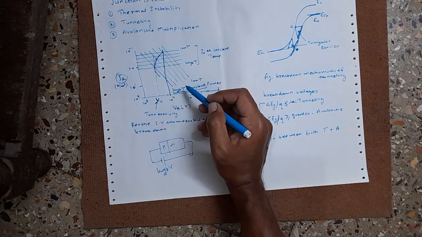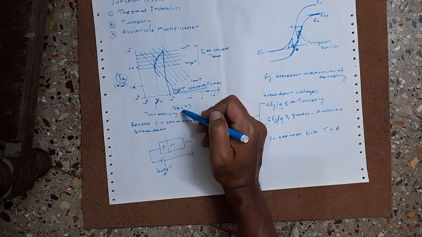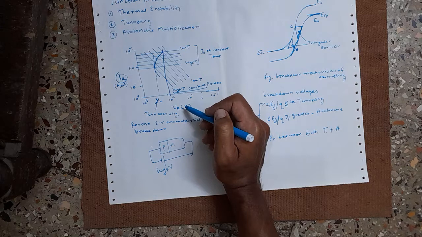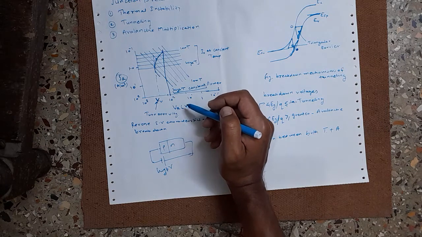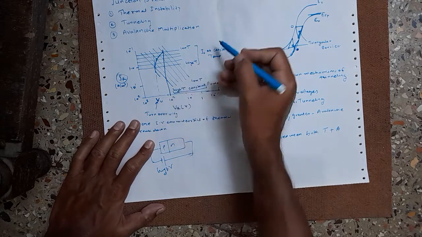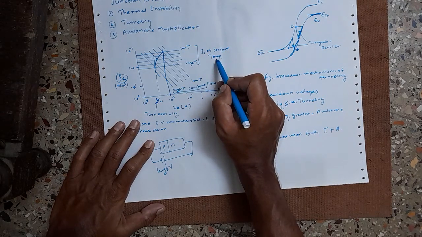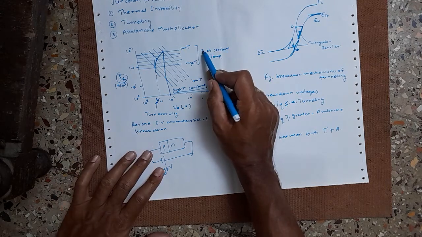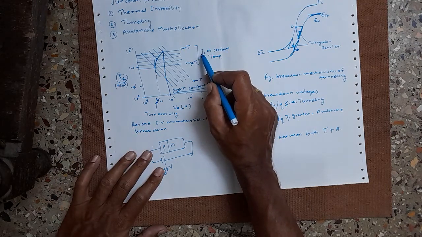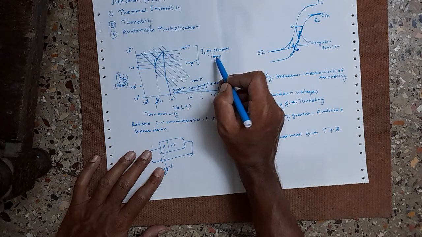On the other hand, the horizontal lines are parallel to the reverse voltages applied. Each line represents a constant current, J0, at some particular constant temperature at which we study these characteristics.